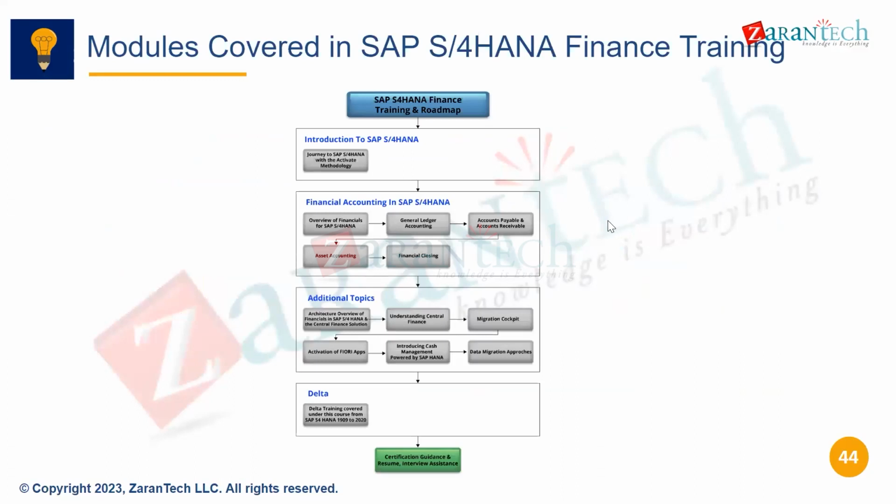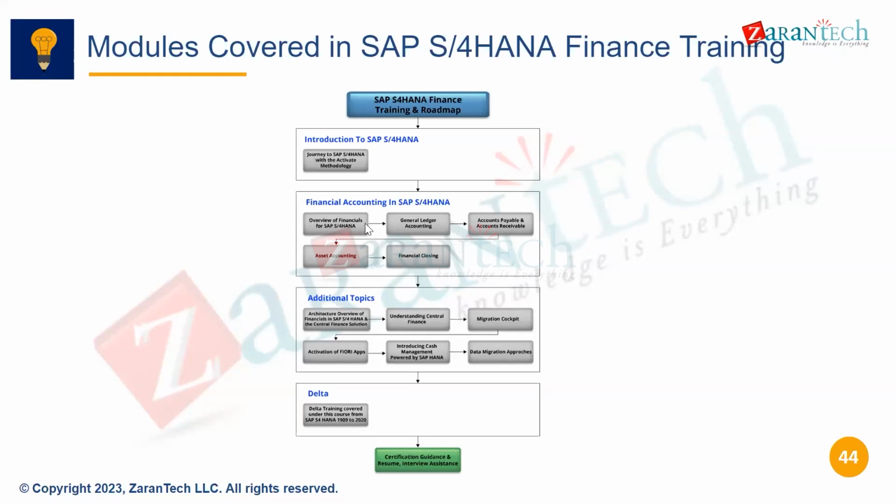Okay, so this is the total, all the modules. First thing, the introduction of S4HANA: what are the new things and how S4HANA has the added advantage over the older versions. What are the innovations that have been introduced in S4HANA, and then financial accounting.